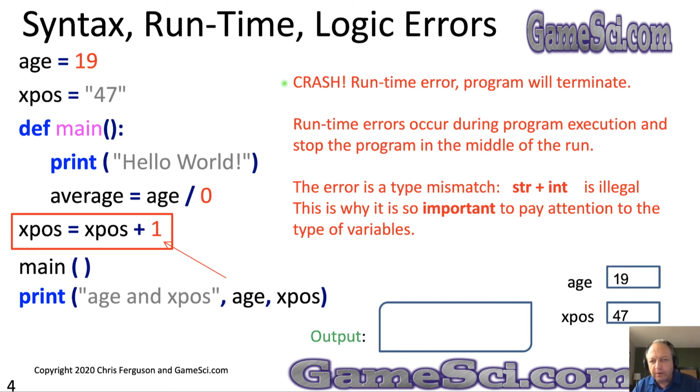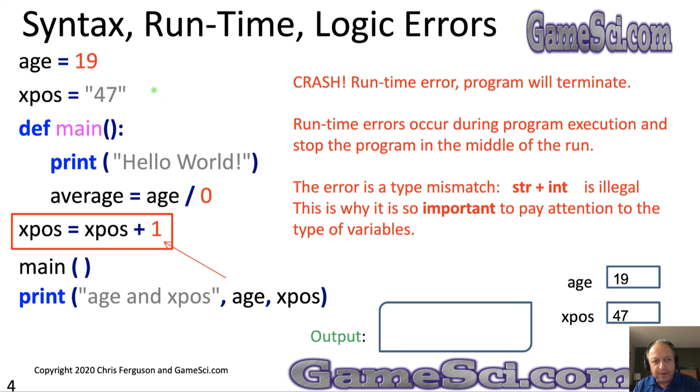Crash! Runtime error. Program will terminate. What happened here? Runtime errors occur during program execution and stop the program in the middle of the run. The error in this case was a type mismatch. x_position is a string. We tried to add an int to it, and that is an illegal operation. This is why it's so important to pay attention to the types of variables.